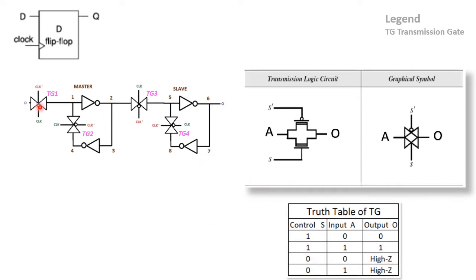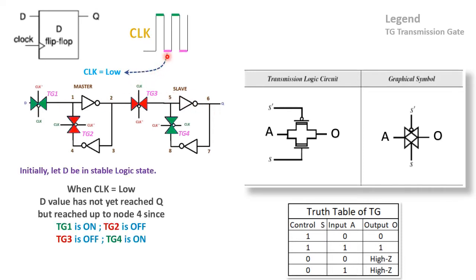So we will see here how, when the clock is in logic low and logic high, the data moves from one location to another, from D to Q. When clock equals 0, clock bar equals 1, so this transmission gate will be on, and it will send whatever is the input signal to the output signal, because clock bar equals 1, so it will be conducting.